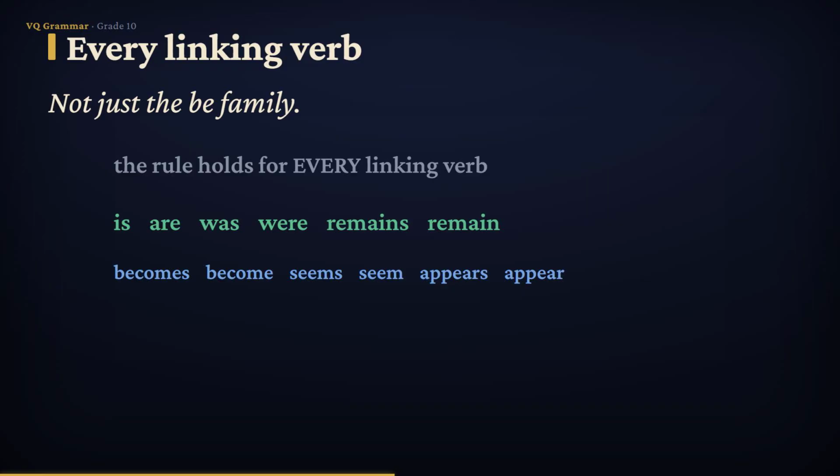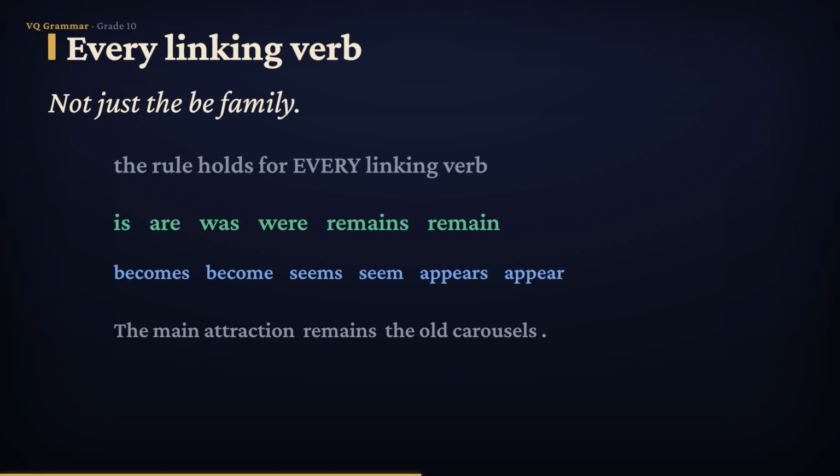Every one of them links a subject to a word that renames or describes it, and every one of them takes its number from the subject alone. Watch. The main attraction remains the old carousels. Carousels is plural, and it sits right after the verb.